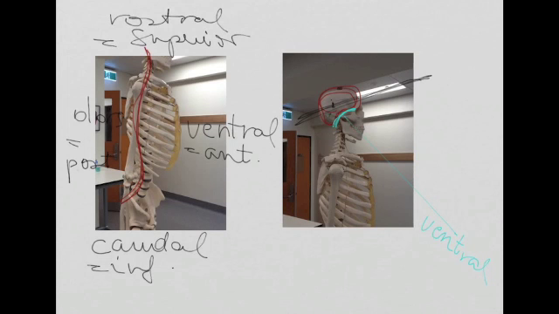Closest to the back would be dorsal, closest to the beak would be rostral, and at the back is the caudal. So in here, please note that the dorsal would be the same as superior, the rostral would be the same as anterior, ventral would be inferior, and caudal would be posterior.